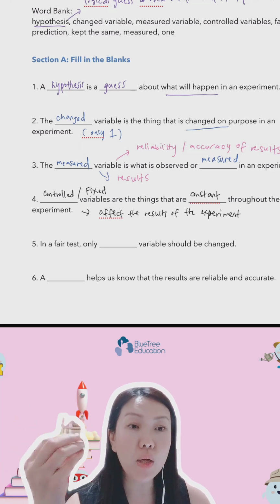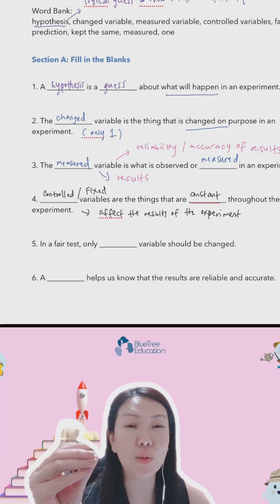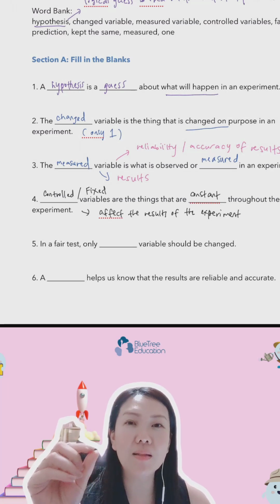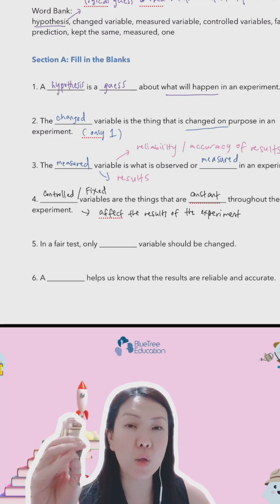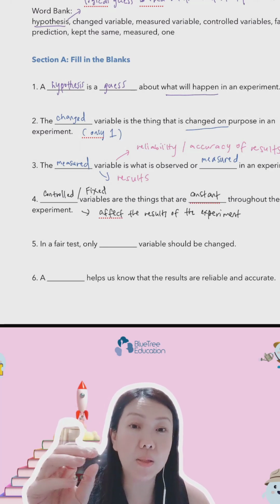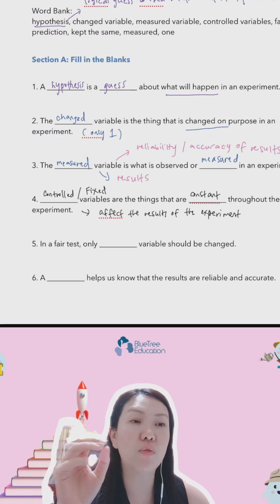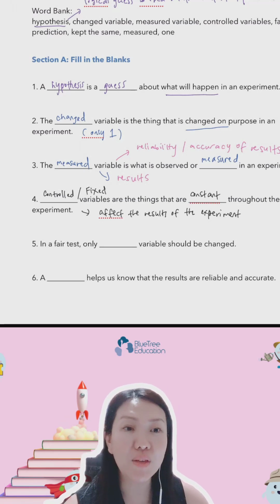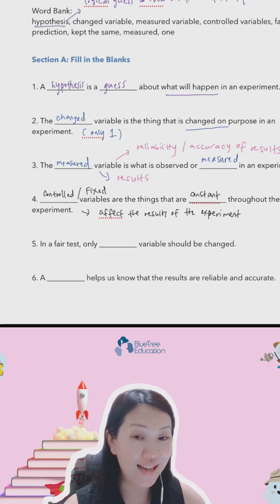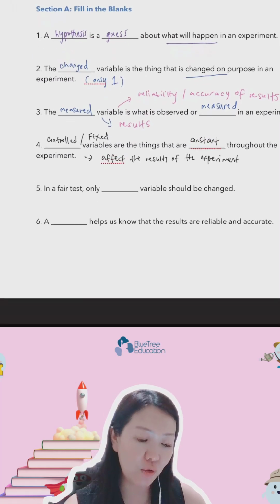When you want to conduct an experiment, you don't want to waste your time. You want to make sure that the experiment is fair. You want your results to be reliable. So therefore, all your fixed variables, you must make sure that they are constant. They cannot interfere with your experiment. Yes? All good? Any questions so far, guys?